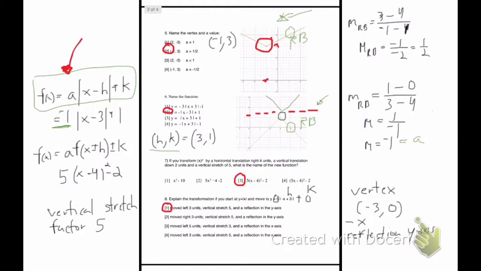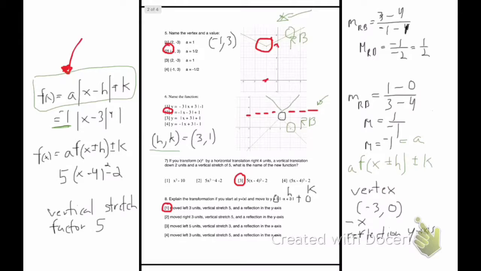Now if we look at question number 7, if you transform the x squared function by a horizontal translation right 4 units, a vertical translation down 2 units, and a vertical stretch of 5, what is the name of the new function? Well, the first thing we should do is write down our standard form of any function. So our standard form equals a f of x plus or minus h plus or minus k.